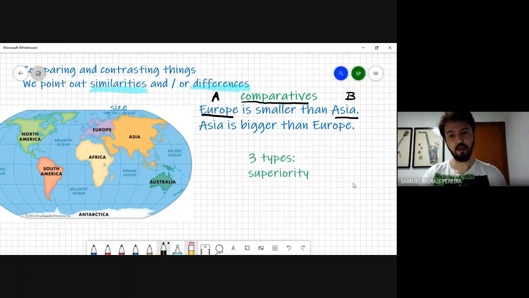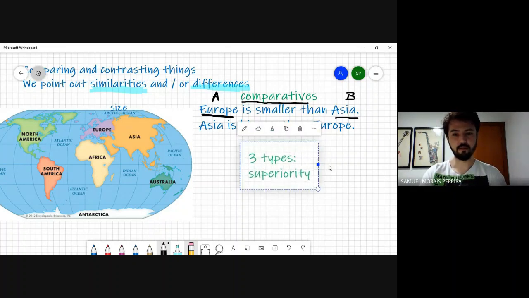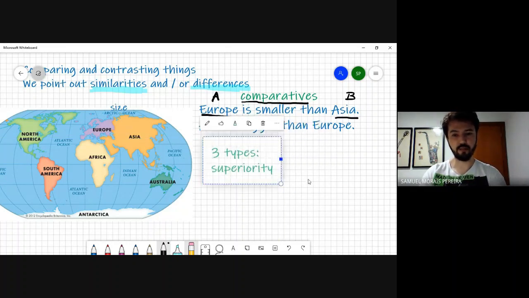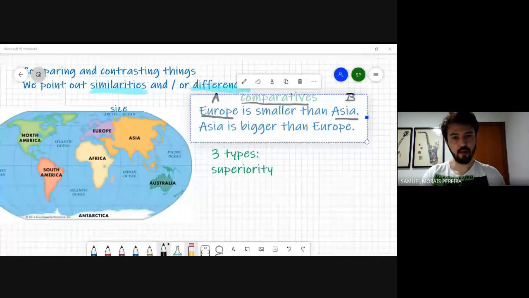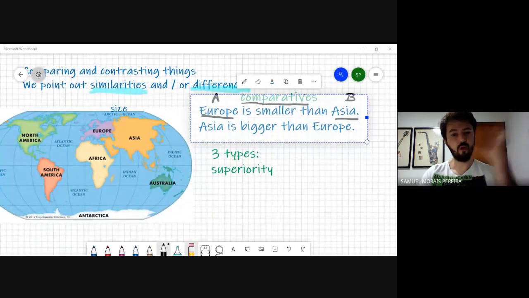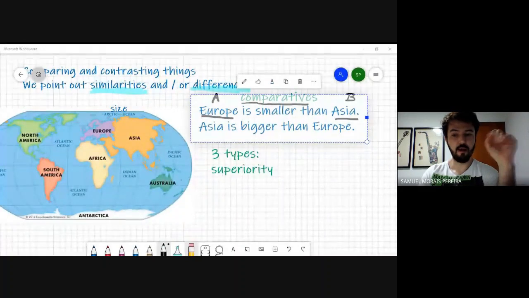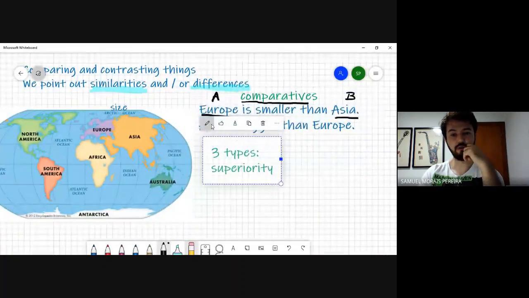Superiority. I have the comparative of superiority, and the superiority is just like this here. Olha, maior que, menor que, okay? It's called superiority because I am saying that one is bigger than the other in the second example I have here, okay?